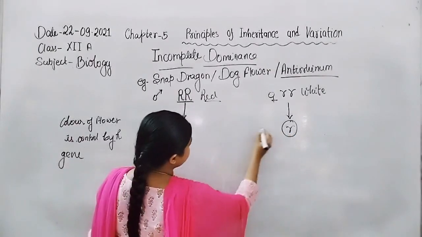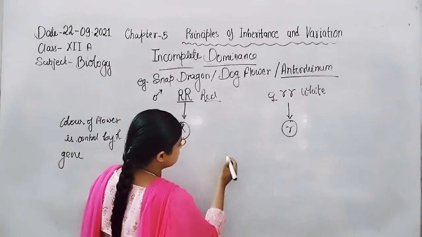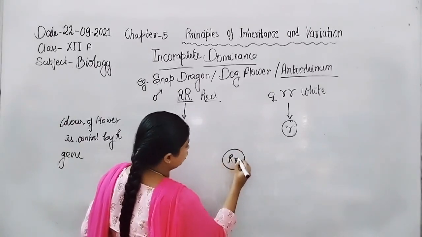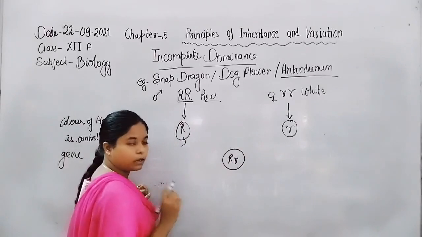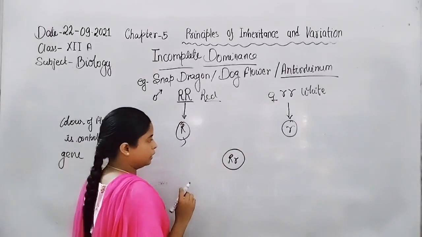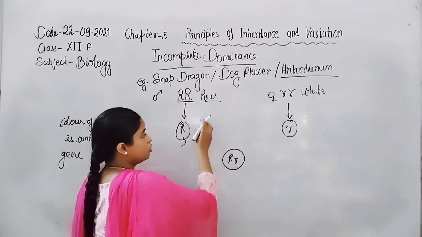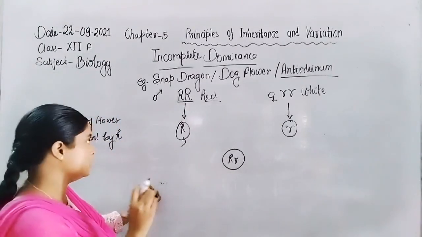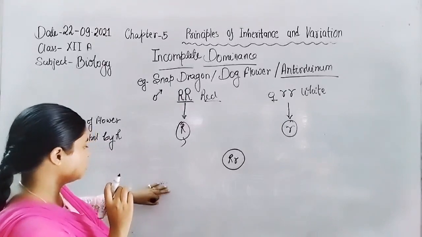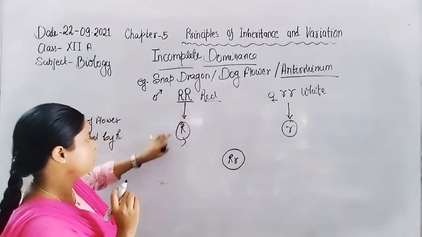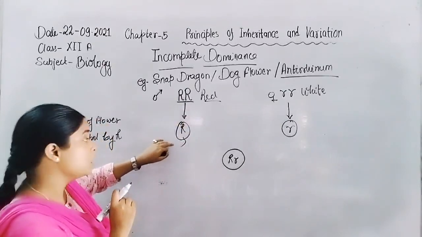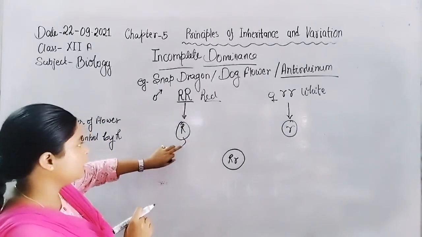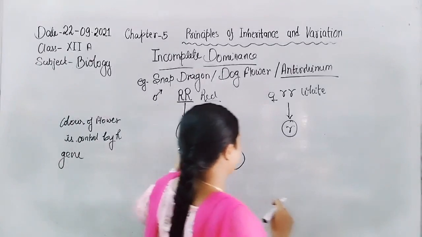Now after the fusion of these two gametes, the zygote forms with capital R, small r. The ploidy is maintained by the fusion, because meiosis always follows reduction division, in which the chromosome number becomes half. Either one of the alleles will be transferred to a gamete, but both gametes have the same allele, so that's why I have made only one type of gamete.